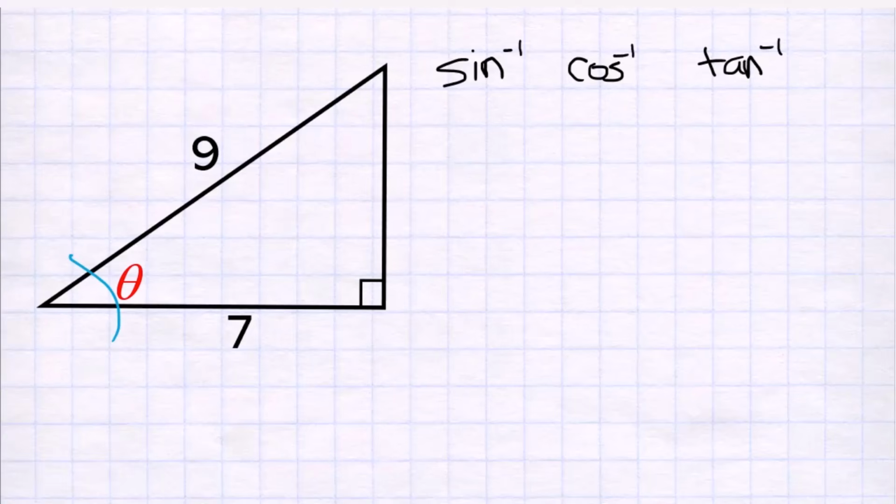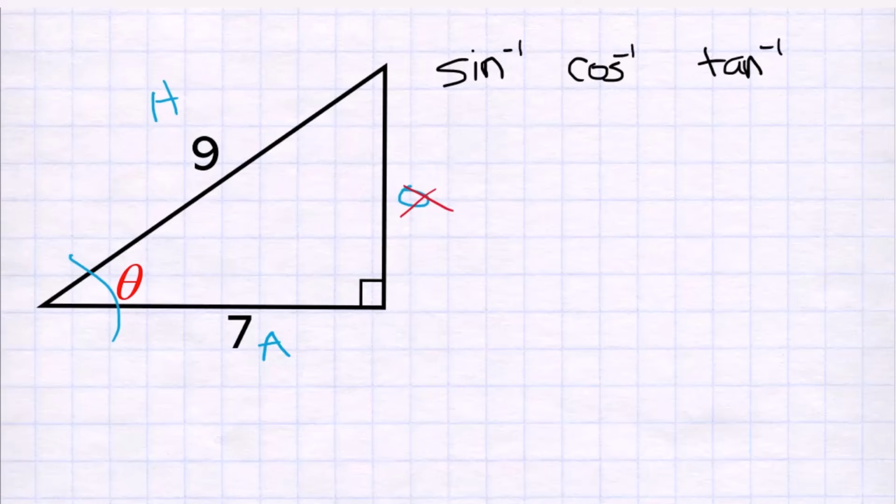So we start the same way. This is the angle that we're looking for. The 9 is the hypotenuse. The opposite side, I'm not given. I have no data there, and I'm not asked to find it, so I ignore it. The 7 is the adjacent side. Think about your trig ratios. SOHCAHTOA, which one uses adjacent and hypotenuse? That is cosine.